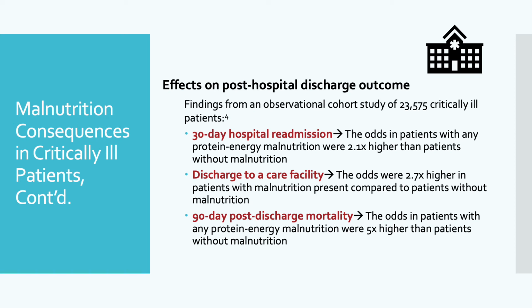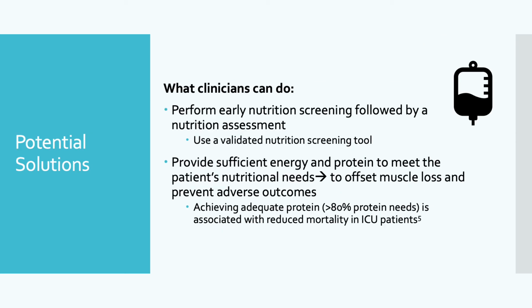This study shows that post-hospital discharge consequences of malnutrition in critically ill patients are significant, highlighting the importance of treating malnutrition early on and continuing to monitor nutritional status after hospitalization.